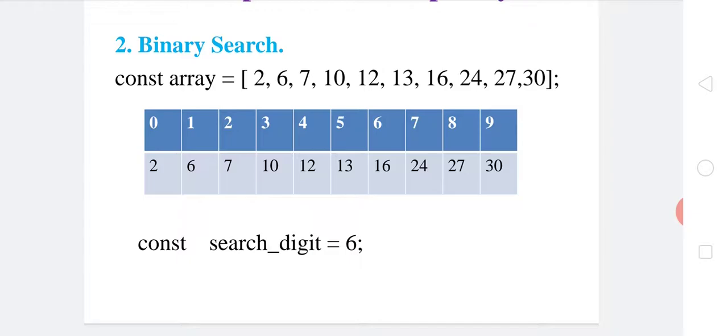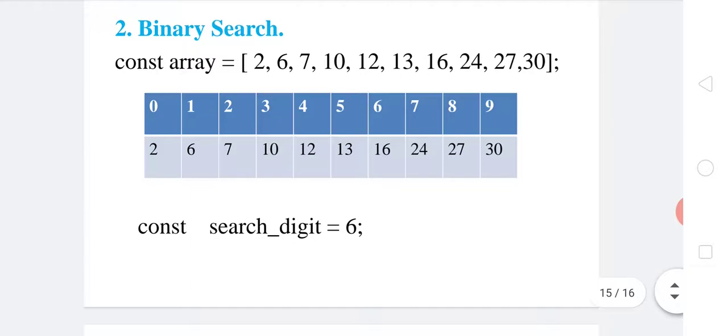In the left side of the array, again calculate the mid value. We apply this procedure recursively, meaning repeatedly. Mid value is equal to beginning plus end. Now here the left side array end is 3. The beginning is 0, the end is 3. 0 plus 3, 3 divided by 2. The answer is 1.